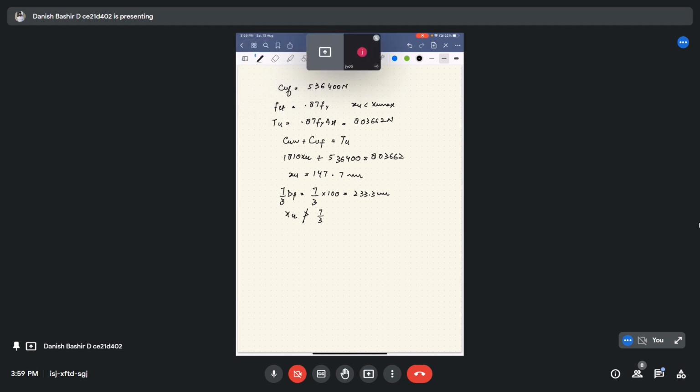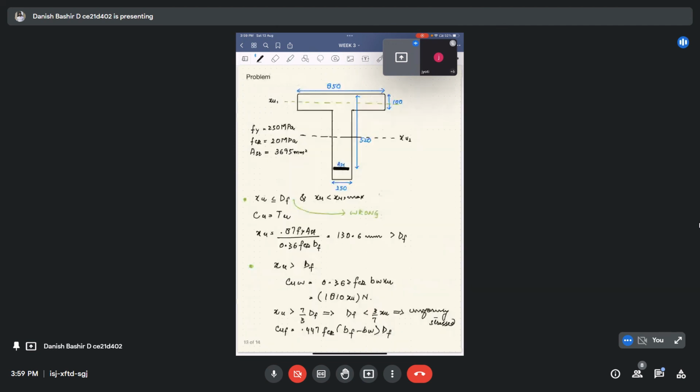Clearly, the XU calculated is not greater than 7 by 3 DF. This is 147, this is 233. So this assumption, XU greater than 7 by 3 DF, if we invert this, the assumption is not satisfied.